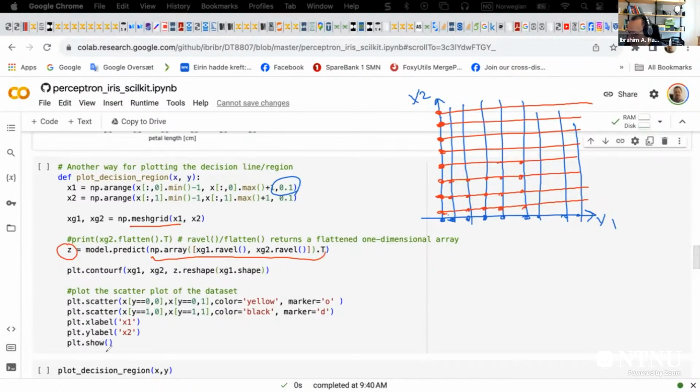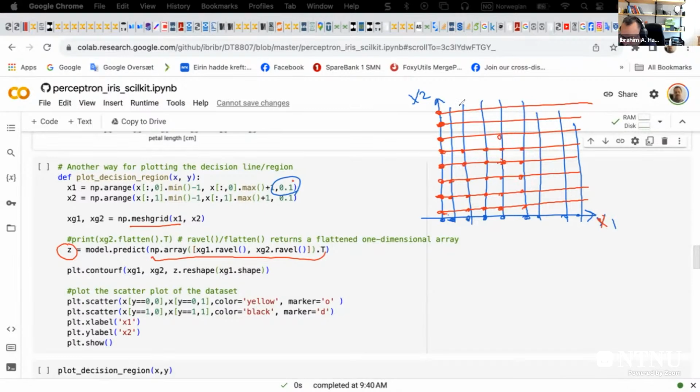So in this case, you will get all those data points classified. So first we got all x1 values with good resolution, 0.1 step, for example, and I did the same for x2. And I used the meshgrid function for generating the coordinates of the grid, xg1 and xg2. After that, I will send all those data points, all the grid values, to my model for prediction.